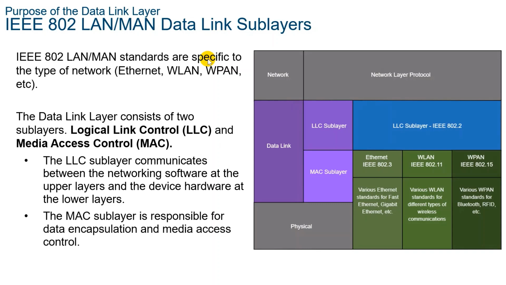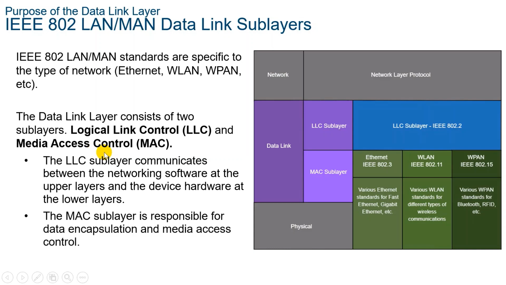The IEEE 802.x, specifically 802.2 and 802.3, pertains to the logical link control and the media access control. The IEEE 802 LAN/MAN data link layer consists of two sublayers, which I have mentioned earlier: the logical link control or LLC and the media access control or MAC.